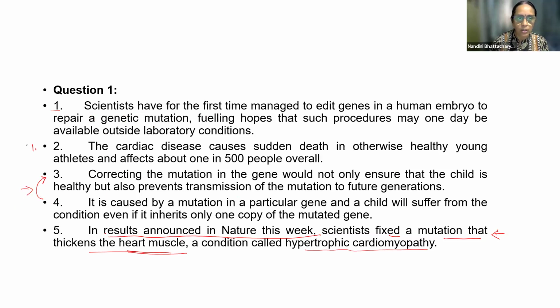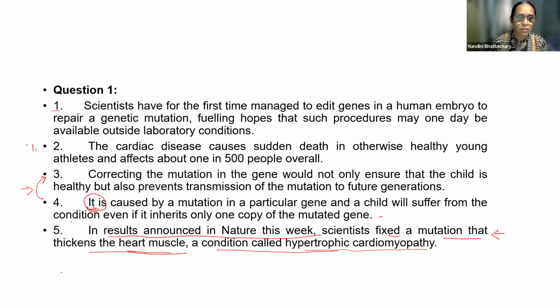Right? Now it says it is caused by a mutation in a particular gene, and a child will suffer from the condition even if it inherits only one copy of the mutated gene. So what is this "it" referring to? A hypertrophic cardiopathy. Right? So a condition called this.